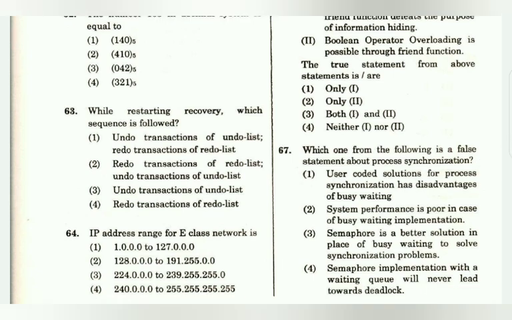Operator overloading through function overloading can be confusing and sometimes reduces code readability. And Boolean operators like equals to, and, or, not are often overloaded using the friend functions to allow comparison between the objects. So here option 1 and 2 are correct.